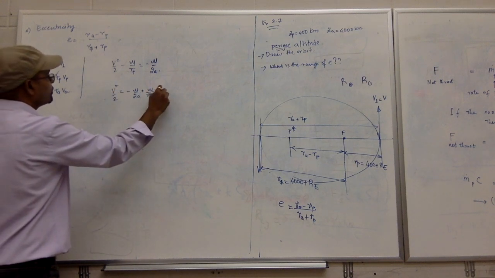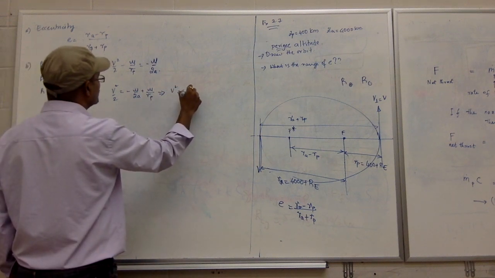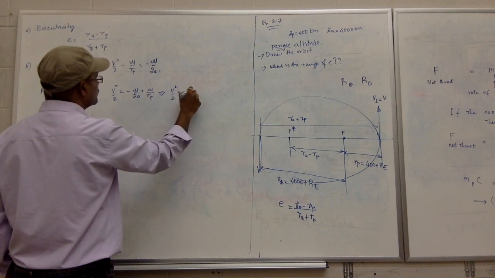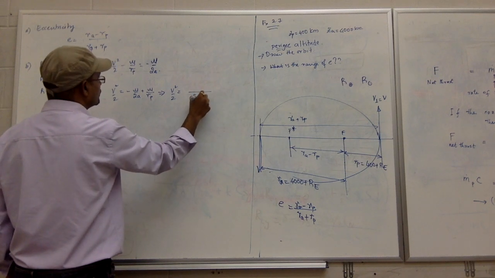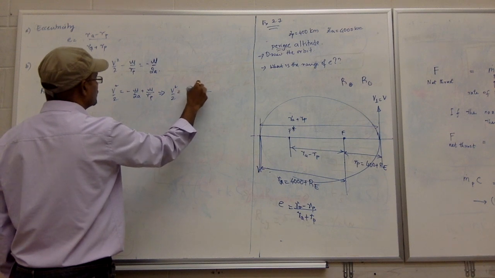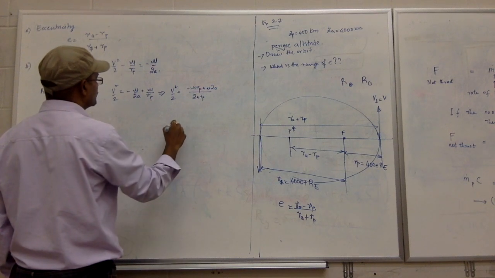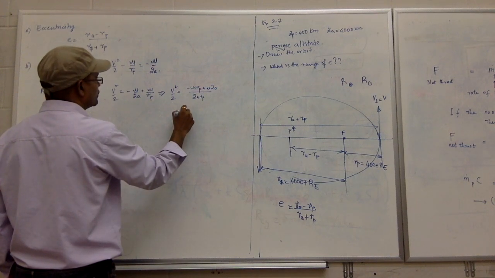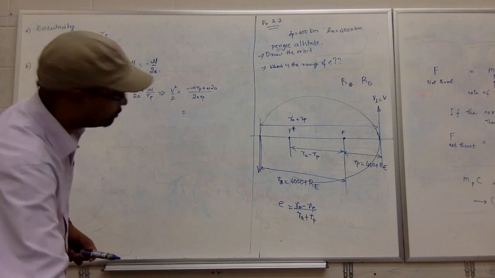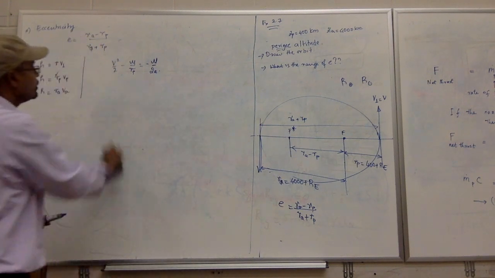If you simplify this, you get b squared over 2 RP. You don't have to simplify it. You can simply use this.